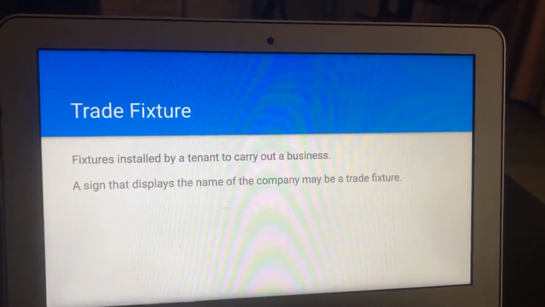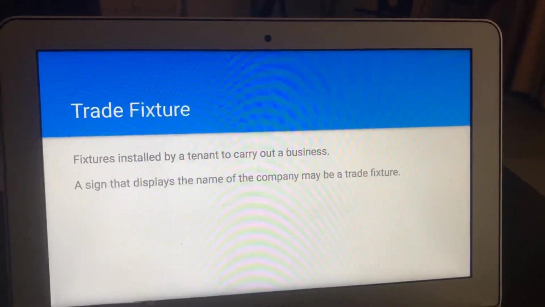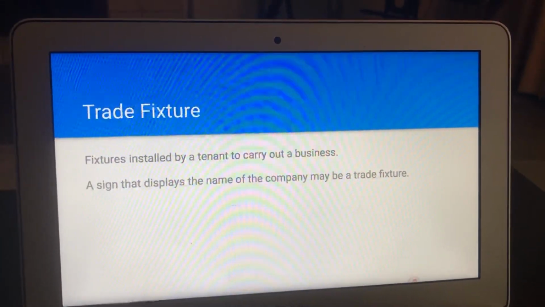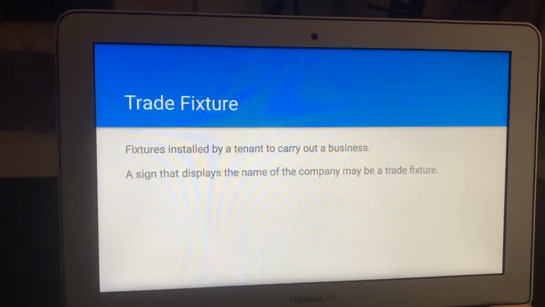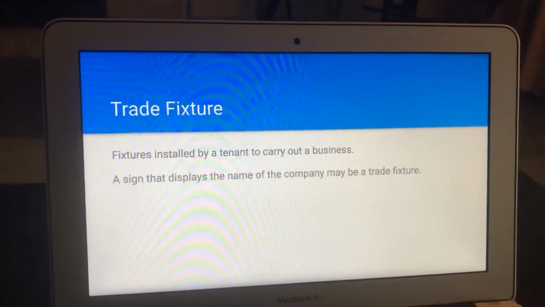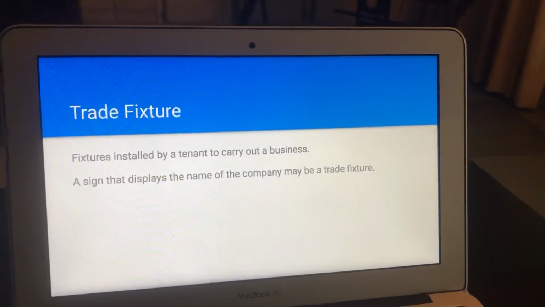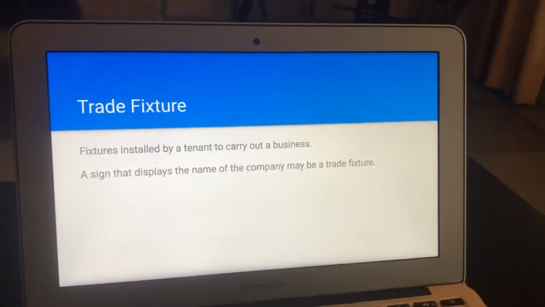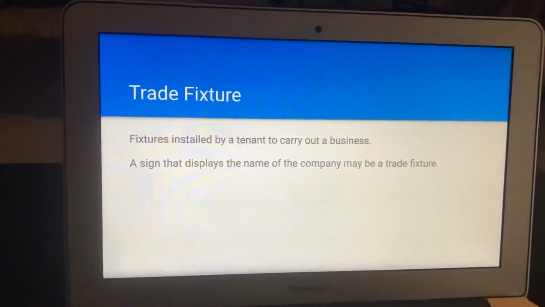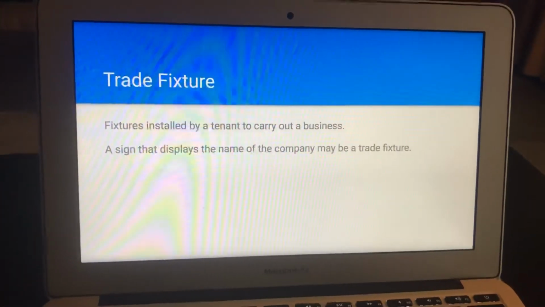A trade fixture. A trade fixture is a fixture that's installed by a tenant to carry out a business. So an example would be if I turn this into a dance studio and then I put up something that says Whitby's Dance Studio, that would be a trade fixture.